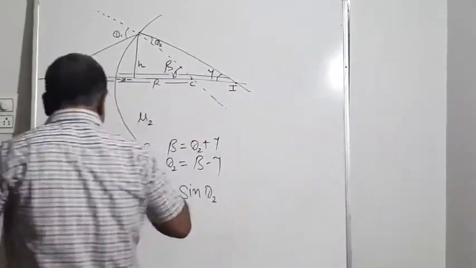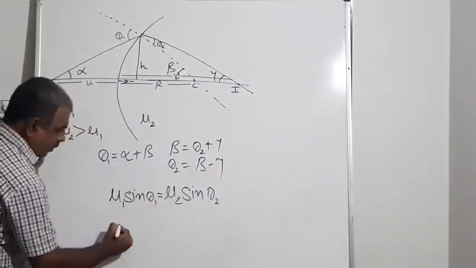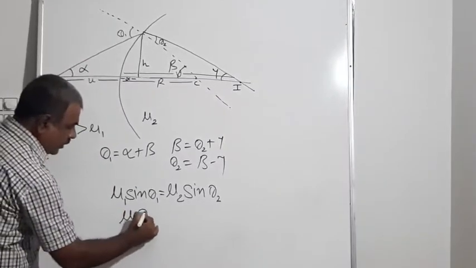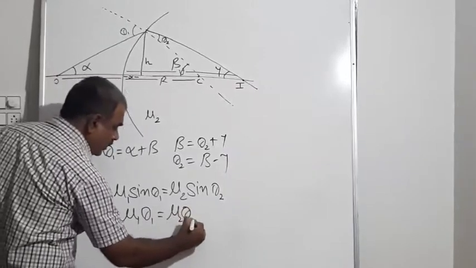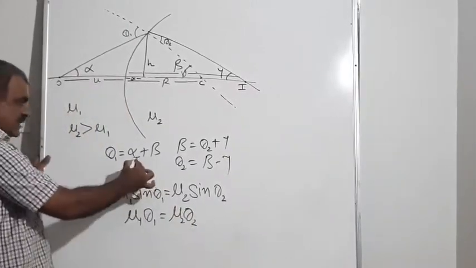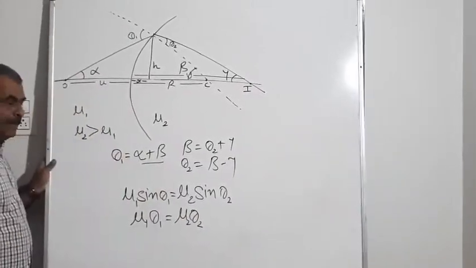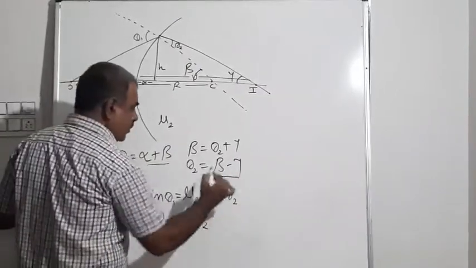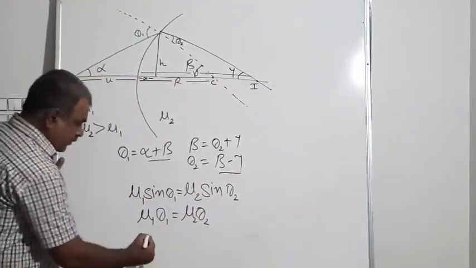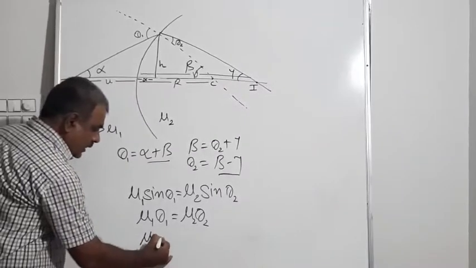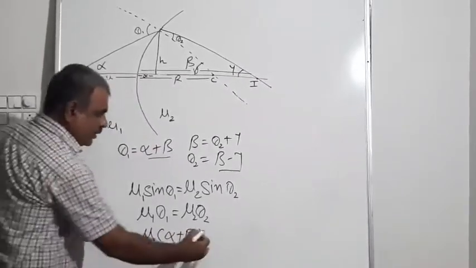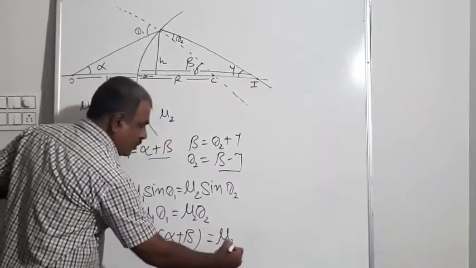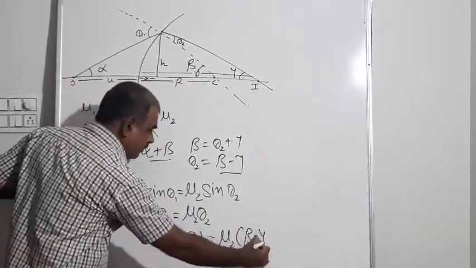So we can further write this as mu1 theta 1 is equal to mu2 theta 2. But what is theta 1? Alpha plus beta, and theta 2 is equal to beta minus gamma. So mu1 times (alpha plus beta) is equal to mu2 times (beta minus gamma).